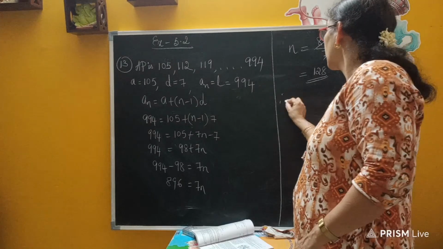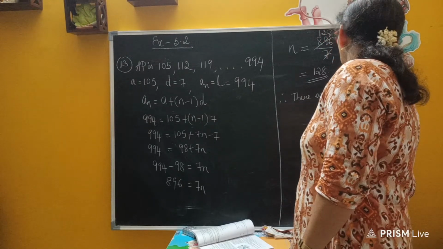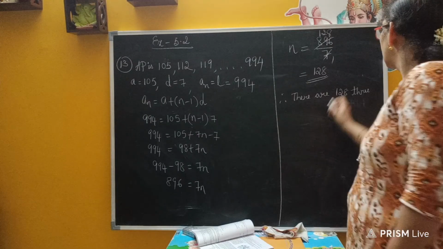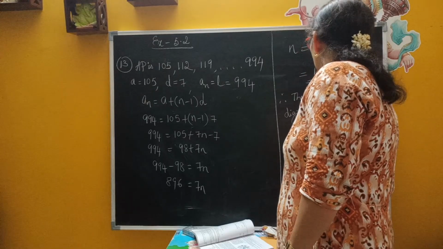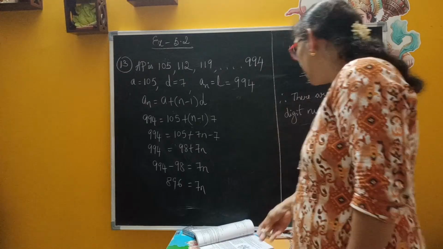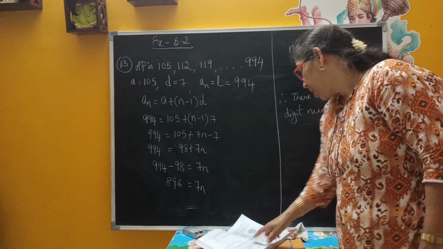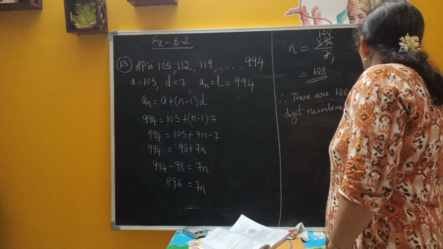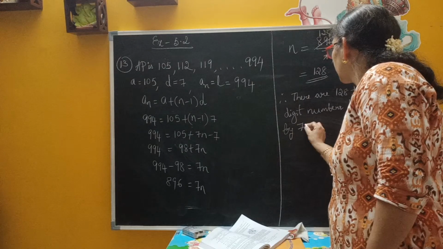Therefore there are 128 3-digit numbers divisible by 7 or multiples of 7. What is the question here? Divisible by 7. Both are same.